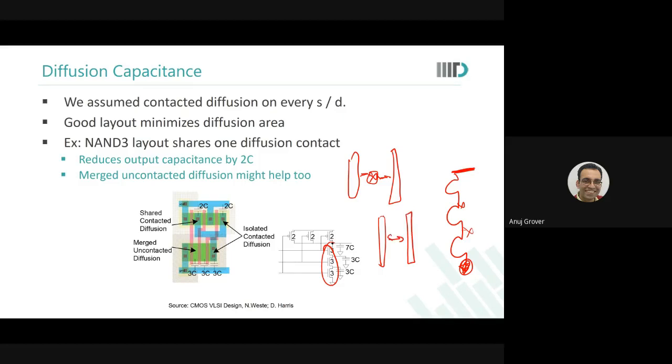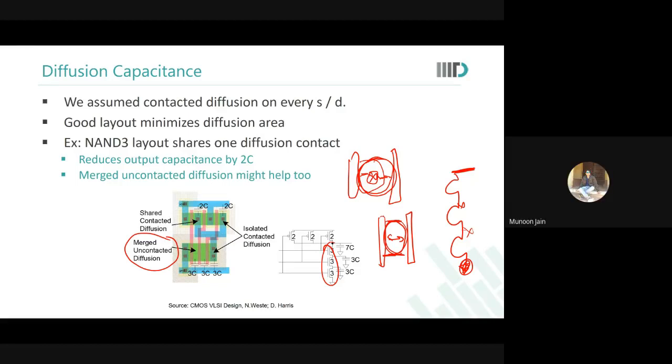So when the polys are drawn much closer, this length, the perimeter and the overall area of your diffusion region reduces. This was the area of the diffusion region earlier. It is much lower now. Therefore, the capacitance is still lesser. That is the only thing that this unmerged uncontacted diffusion talks about.